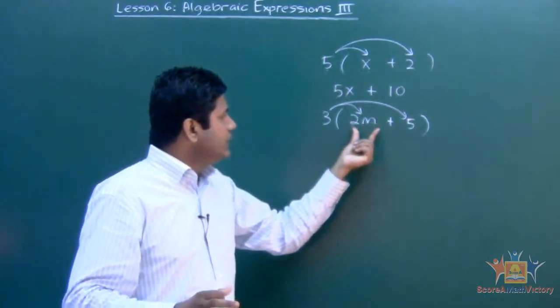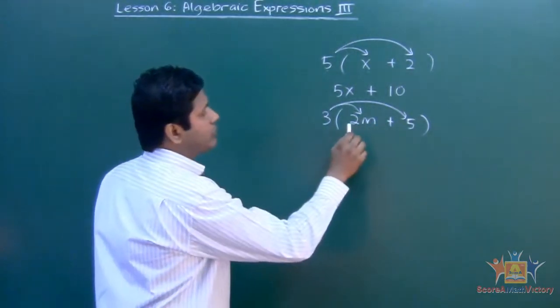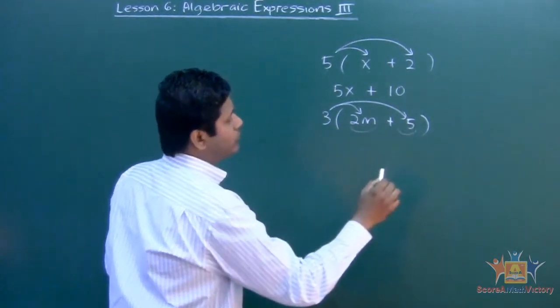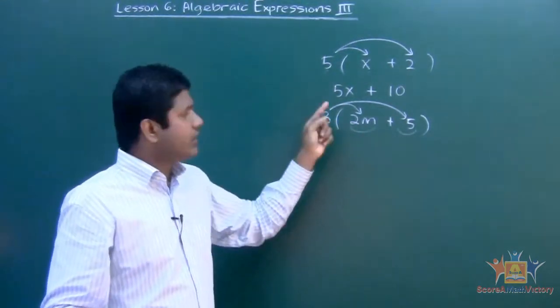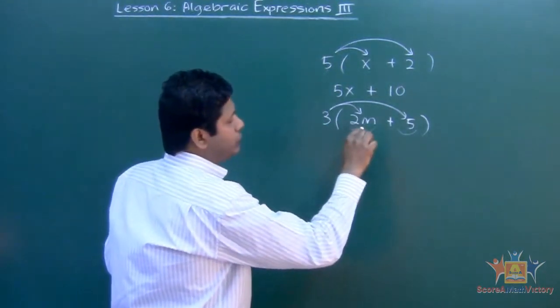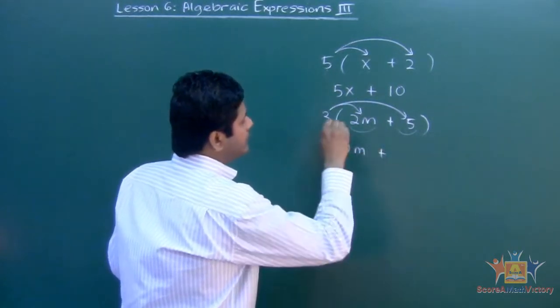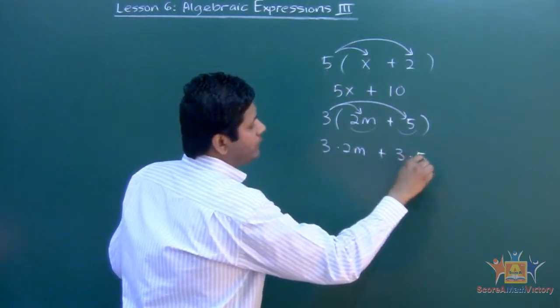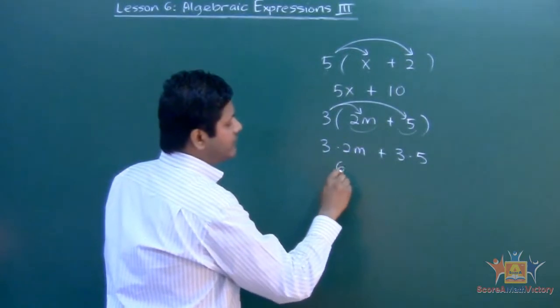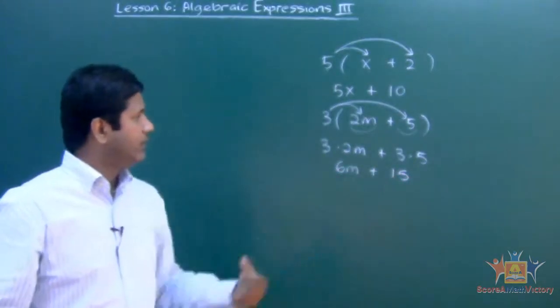So in this case, 2m and 5. Let's call this family 1, family 2, and you're giving shooting stars to family 1 and family 2. So 3 times 2m plus 3 times 5. So 3 times 2 is 6m plus 3 times 5 is 15.